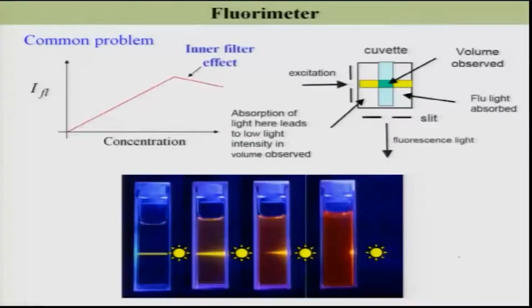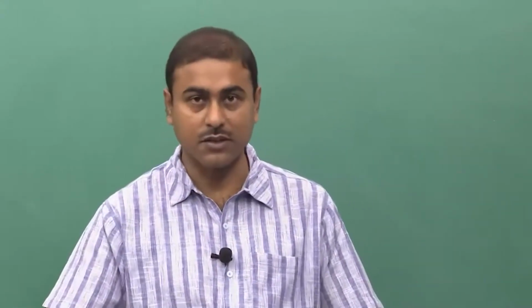Nevertheless, as I said earlier, when you increase the intensity of excitation, your fluorescence intensity will increase. When you increase the concentration, your fluorescence intensity will also increase. I said that, right.